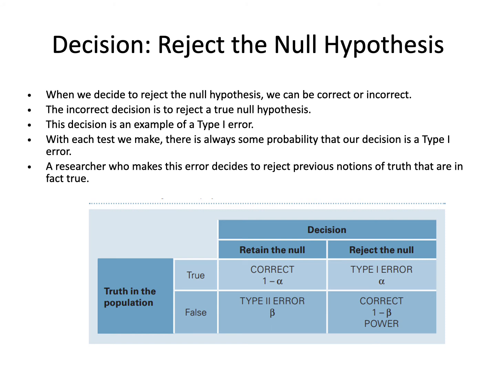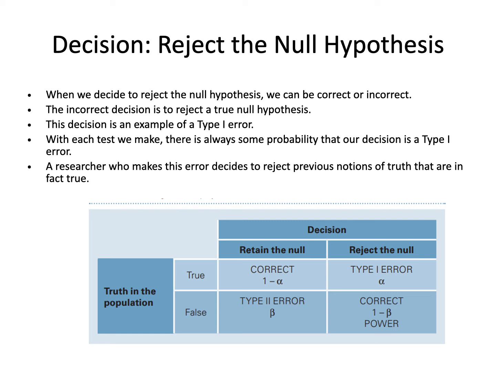As mentioned before, when we decide to reject the null hypothesis, we can be correct or incorrect. The incorrect decision is to reject the true null hypothesis, and we call this decision an example of the type 1 error. With each test we make, there is always some probability that our decision is a type 1 error, as we have mentioned before.